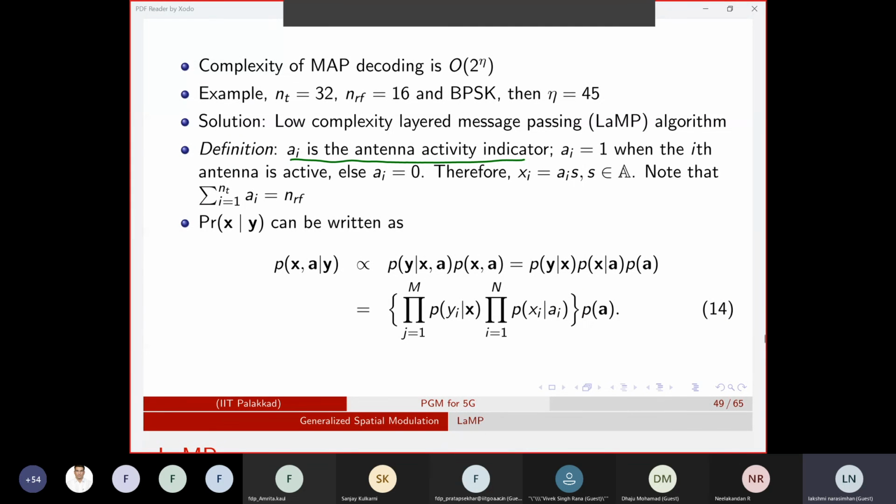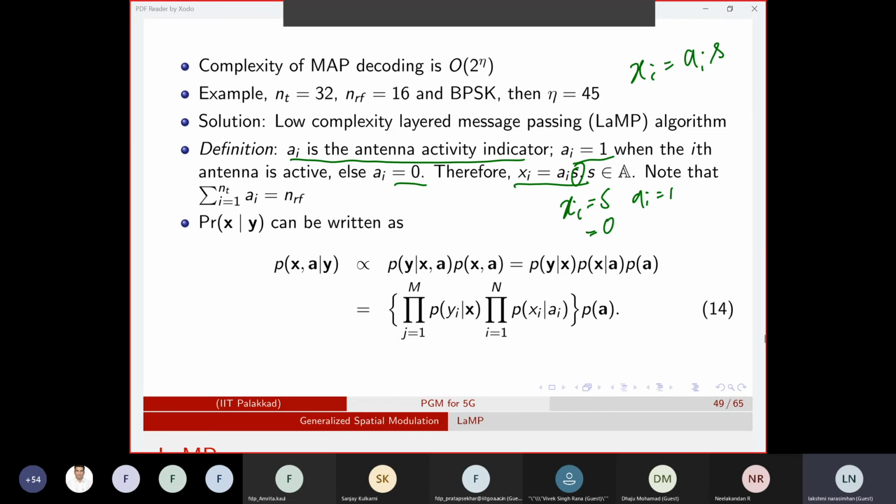For every xi, we write it as some ai times the transmitted symbol s. So this ai is 0 if the antenna is not active, or 1 if the antenna is active. So xi equals s if ai is equal to 1. Otherwise, it is 0.